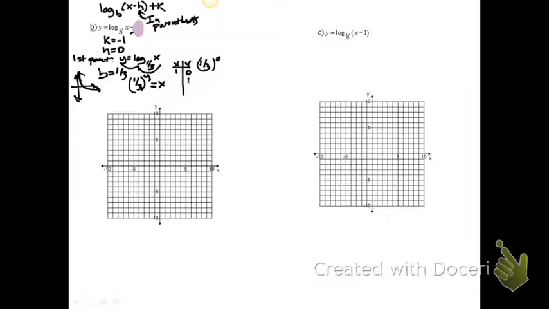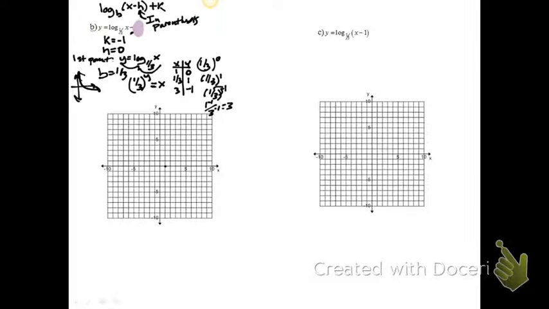If I plug in 1, well, 1/3 to the 1 is just 1/3. If I plug in -1, 1/3 to the -1, if I distribute, would be 1 to the -1 over 3 to the -1, so it's just the reciprocal, 3. So I have a few coordinates to plot. 1, 0.